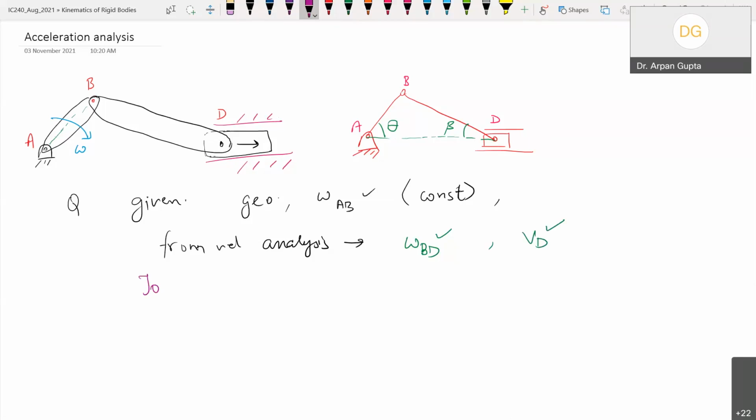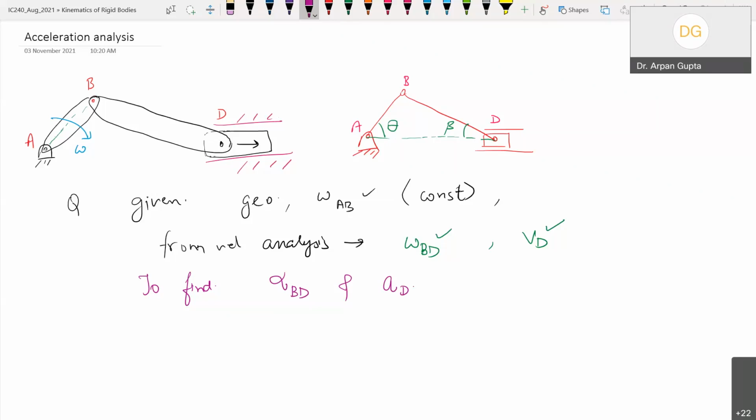Now what we want to find is alpha of BD and the acceleration of point D, or acceleration of the piston. So we want to find these two values, and how do we do that?